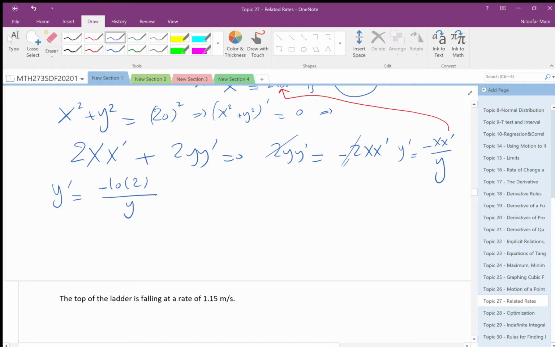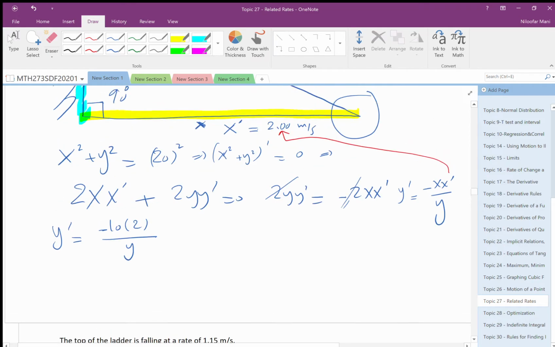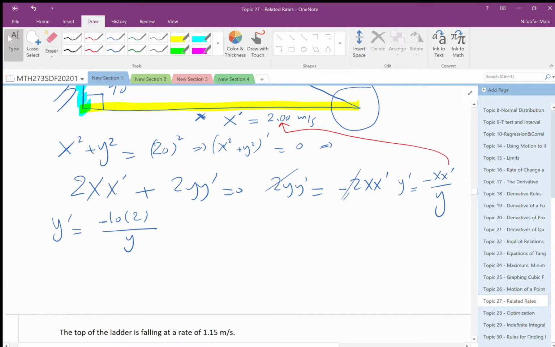Then you say, how can I find y? For y, you can go to this equation. At what time? At the time you have x equal 10. So you have to just substitute 10. So it's 10 squared plus y squared equal 20 squared.